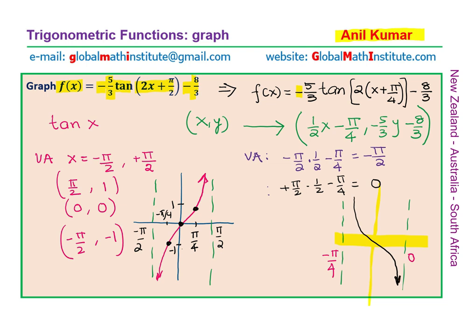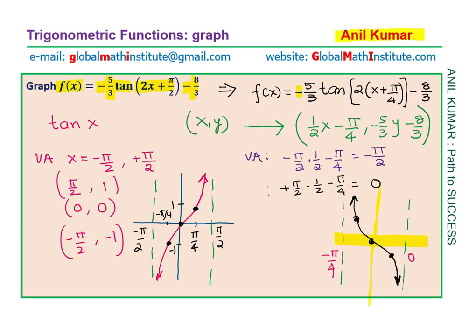You see that point? So we are expecting that our function f of x will be always decreasing as shown here, and one wave will be from minus pi by 4 to 0. That means there is a period of pi by 4. Makes sense, right? Now we need to find these points, correct?